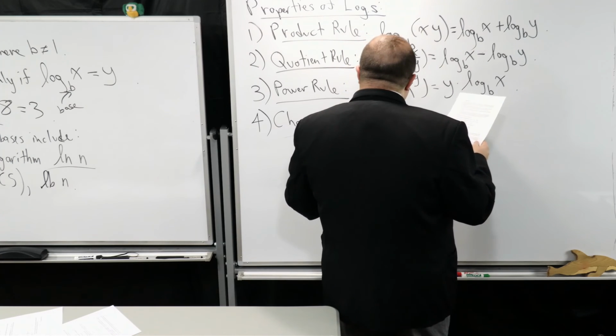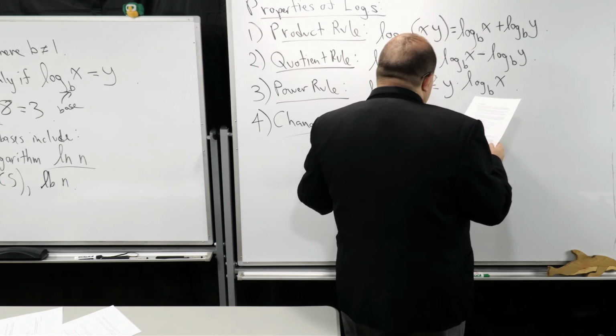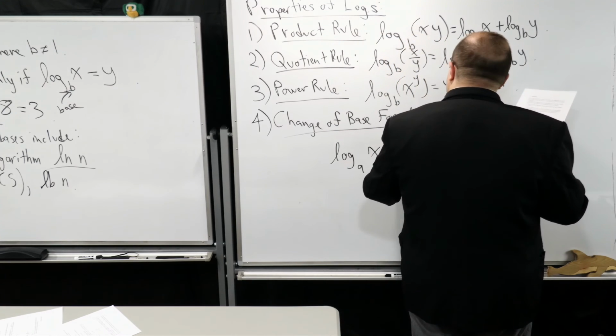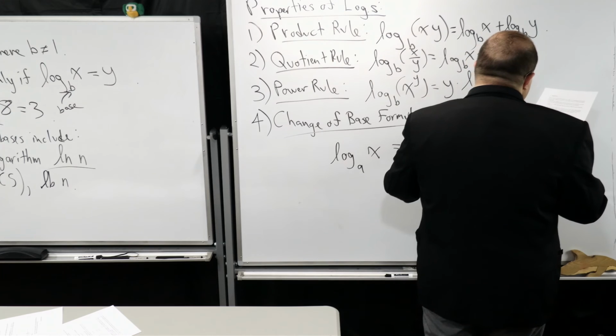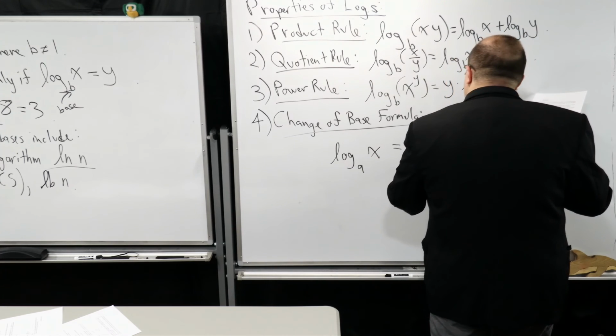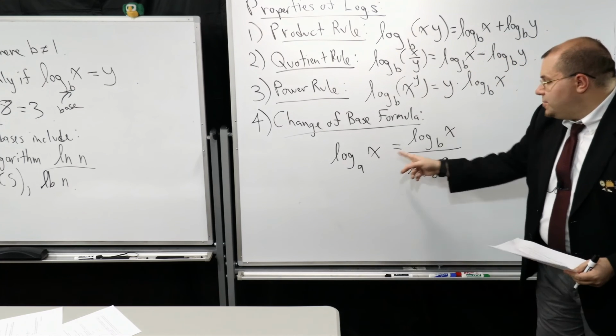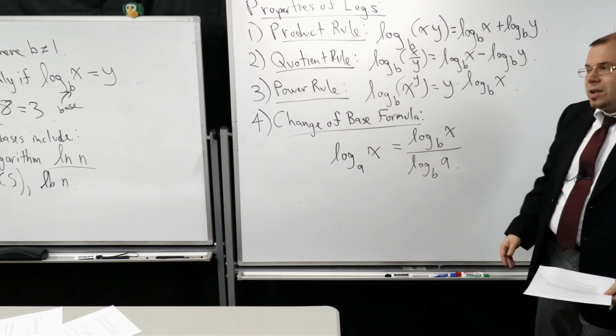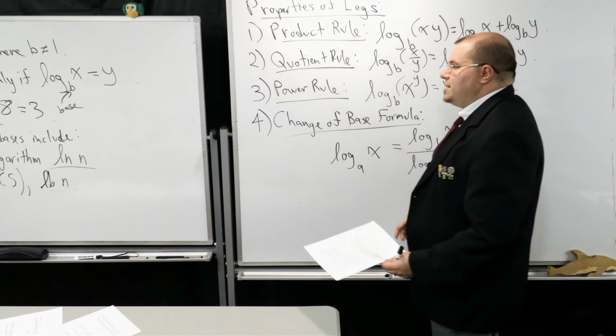So if I give you 2 valid bases, a and b, log base a of x is equal to log base b of x over log base b of a. So if I want to convert from a to b, notice I introduced this constant term right here. So notice they differ by a constant.